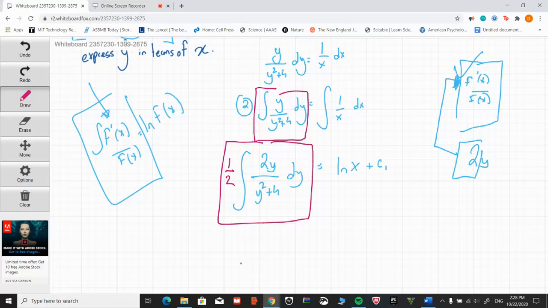So now I can use the formula. The half on the outside, because the integral now has an f prime x on top and the fx at the bottom, we can now apply the formula, which is ln of the denominator. And then you can put a constant of integration, c2, and there you go. The integration is complete.